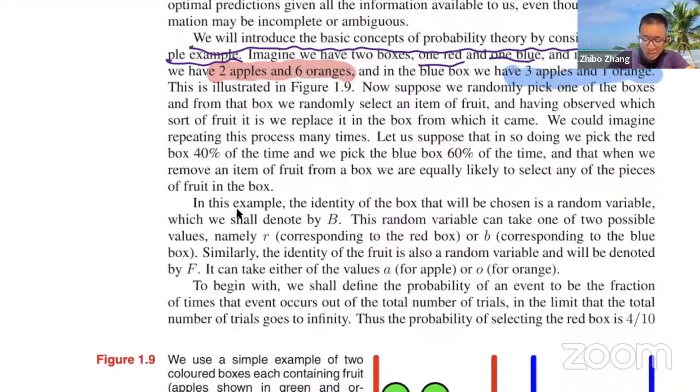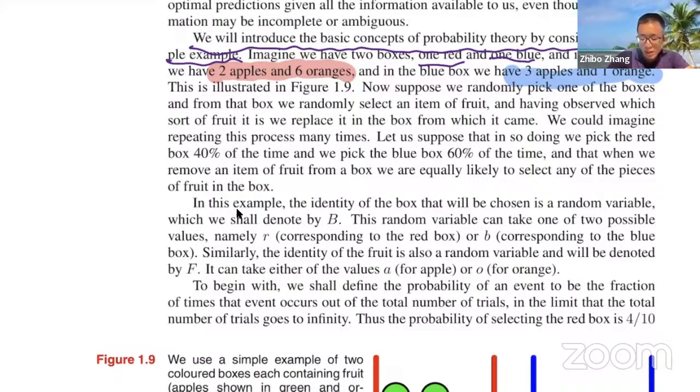Now suppose we randomly pick one of the boxes, and from the box, we randomly select an item of fruit. Having observed which sort of fruit it is, we replace it in the box from which it came. We could imagine repeating this process many times.